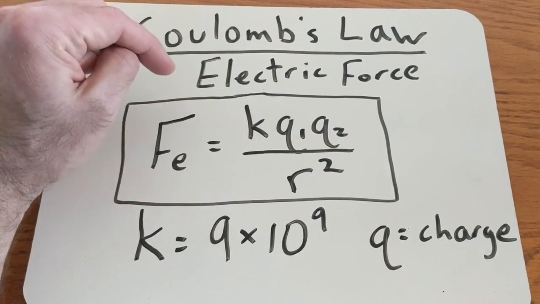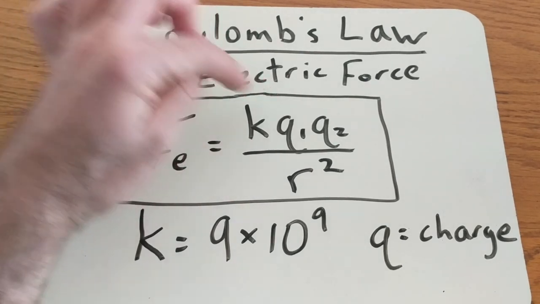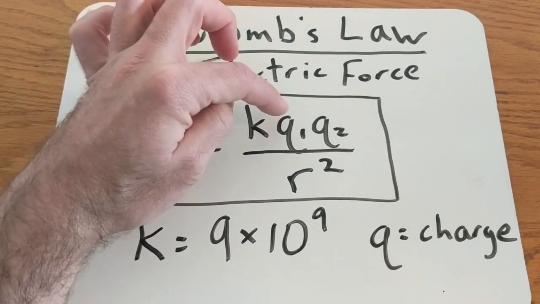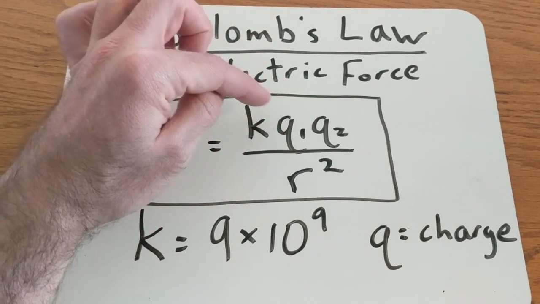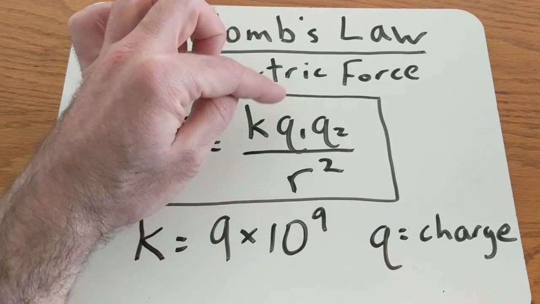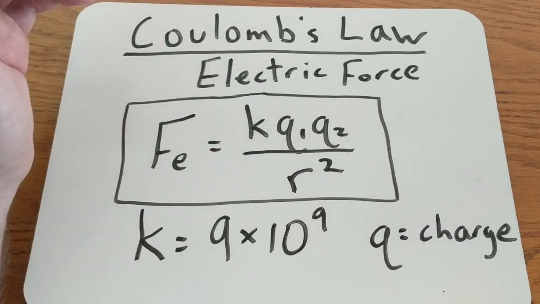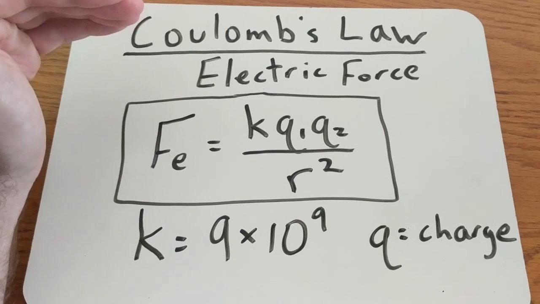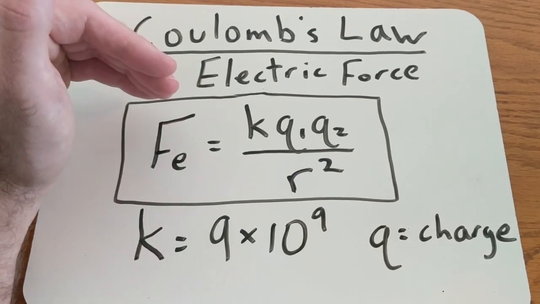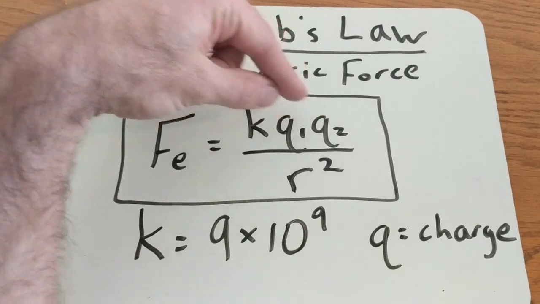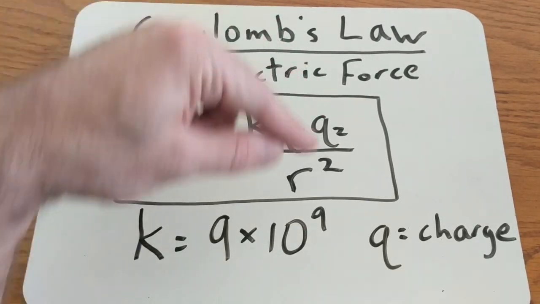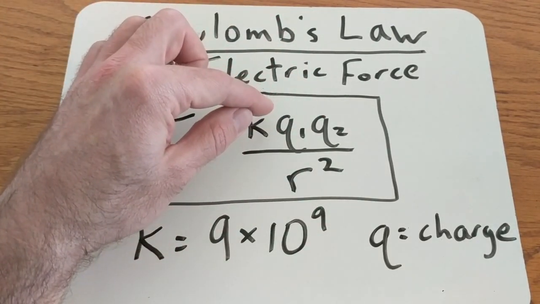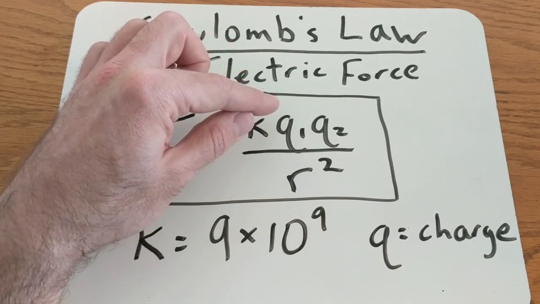Now, if you remember back to Newton's law, you had Fg equals G m1 m2 over r squared. Well, now instead of m1 m2, we have q1 and q2. Newton's law of gravity was determined by the amount of masses. Well, Coulomb's law is determined by the amount of charge. And so Q is the amount of charge for each of those things, okay?